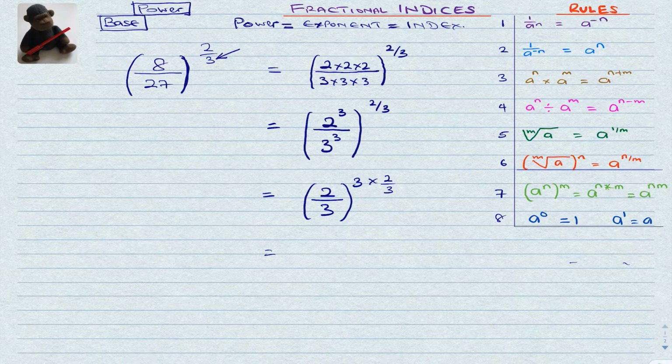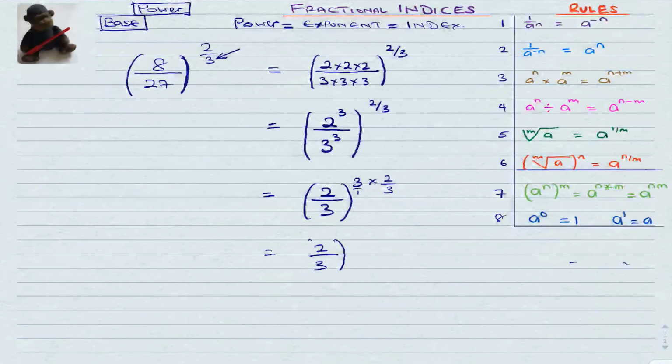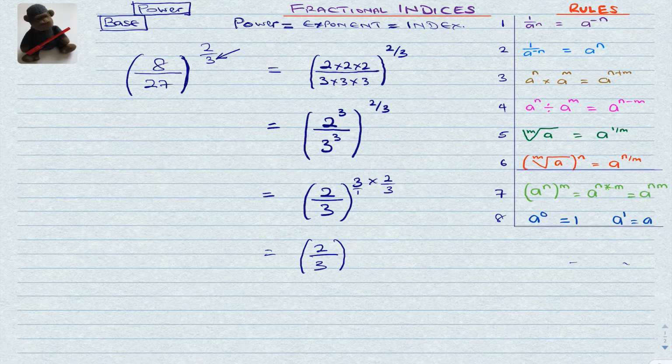That's what that is, because there's 3 over 1 here. So you just multiply. When you're multiplying fractions, you multiply numerator by numerator, and then you multiply denominator by denominator. So I'm going to get 2 over 3, and that will be 6 over 3.